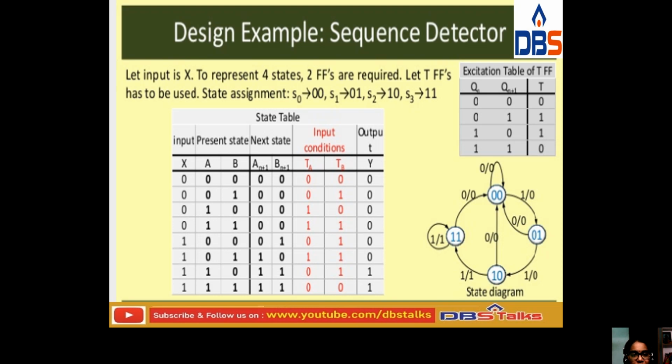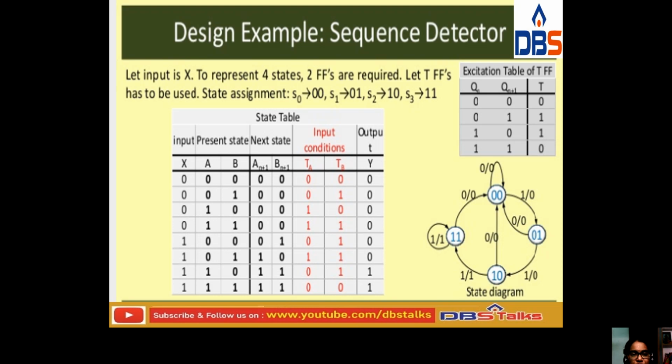So the input conditions that we are going to take are in the excitation table, the truth table that we are going to get: 00, 01, 10 and 11. Just like that, it will be represented here. From that, whatever output we get, we represent it here.